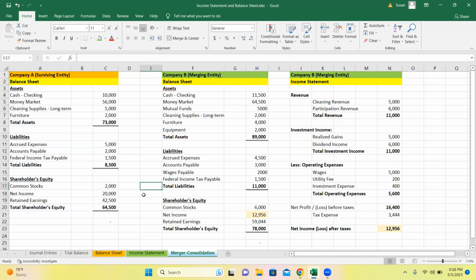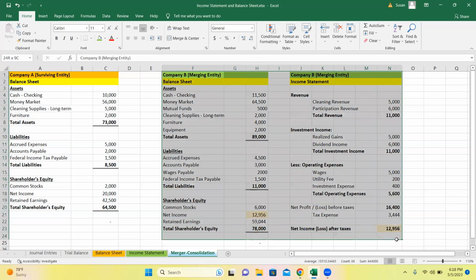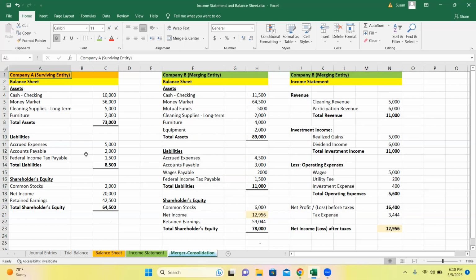And let's assume, because it's the year end for both companies, the effective date of the merger is January 1st, 2023. So it's the new day of the year, where the effective date where we put all these year end numbers into Company A will be January 1st of 2023.